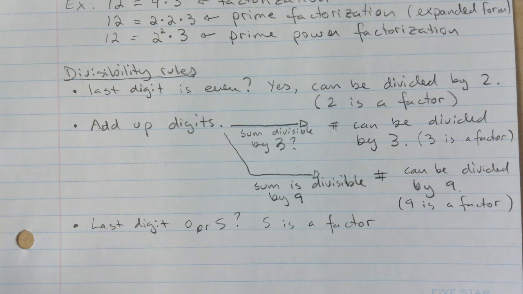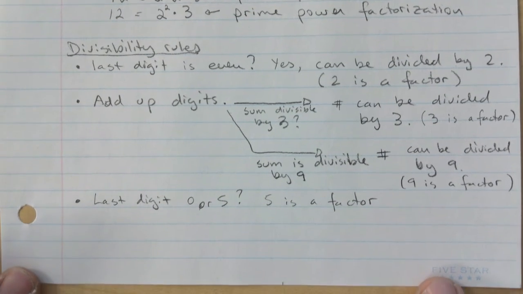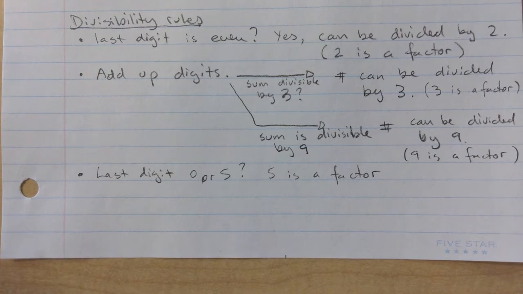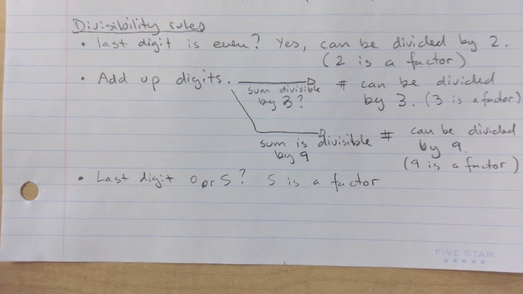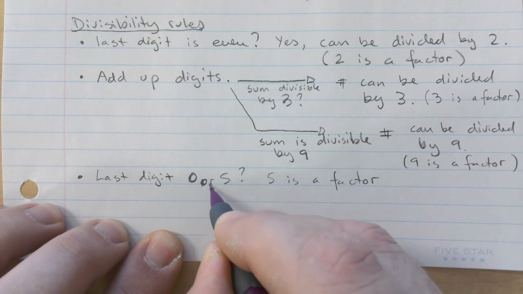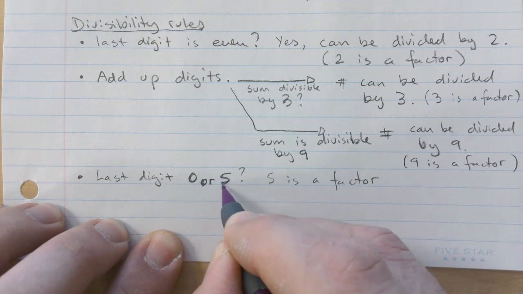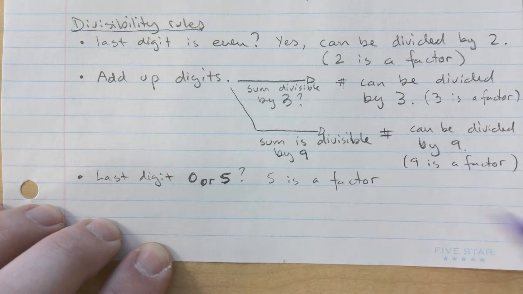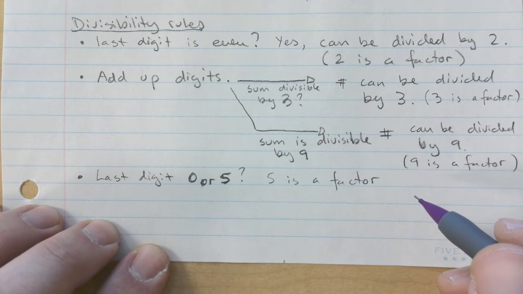The reason why is you're not allowed to use a calculator, so you need to know it. If the last digit is 0 or 5, then 5 is a factor of that whole number.